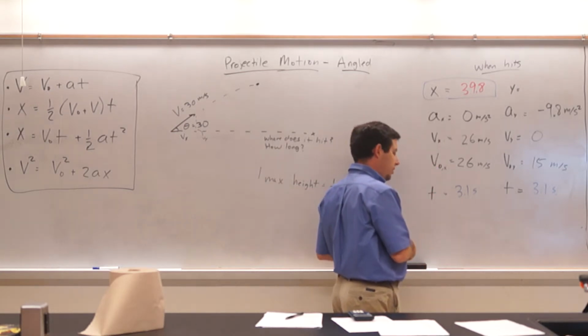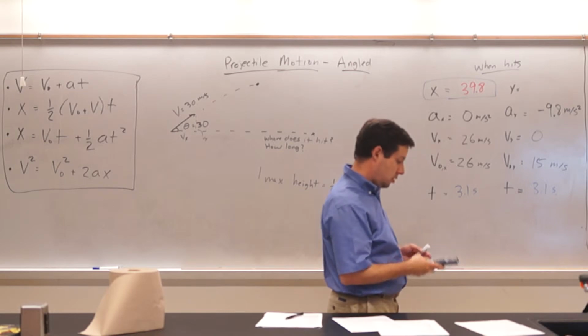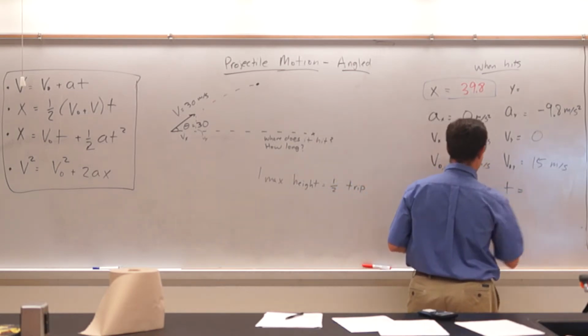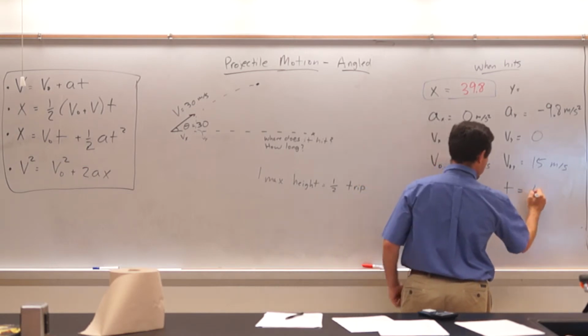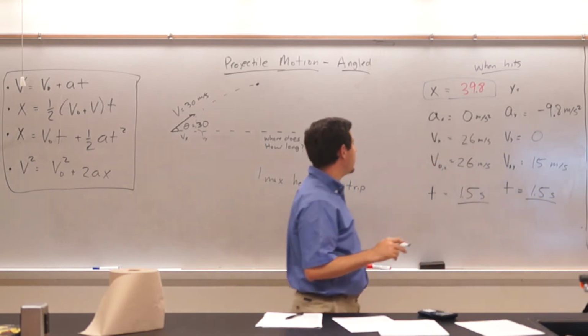Halfway through the trip is 3.1 seconds divided by 2. So 1.55, so just half of this. About 1.5 seconds. So that's at the maximum height.